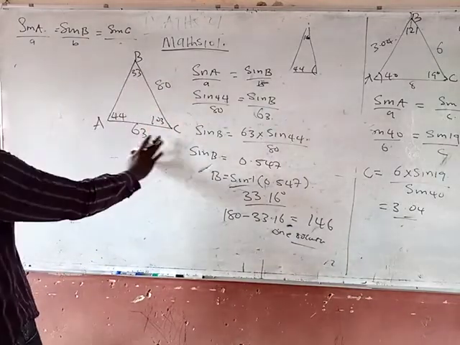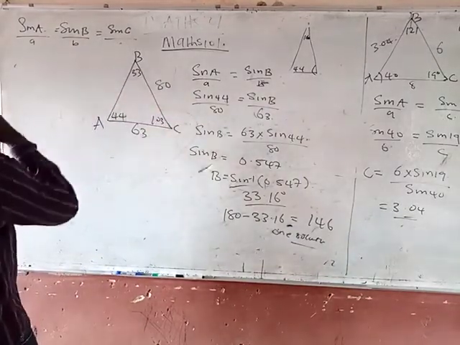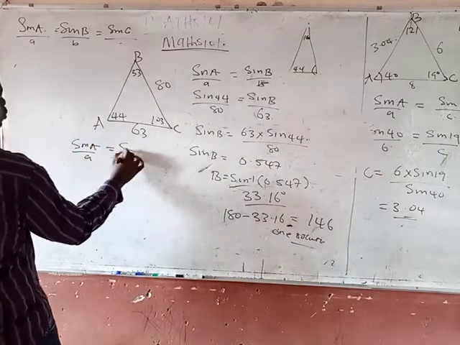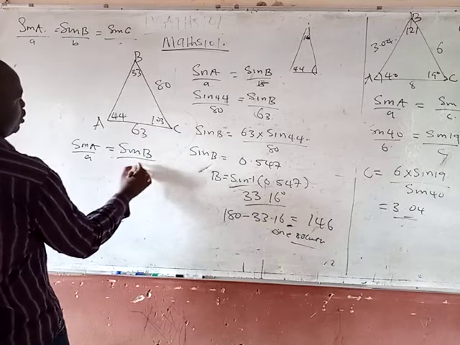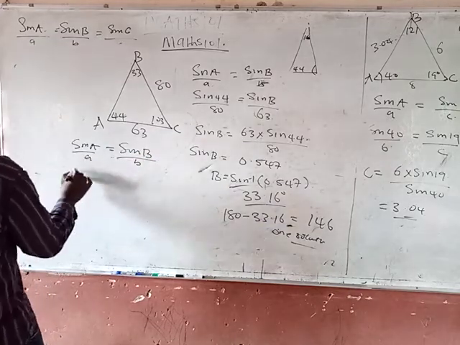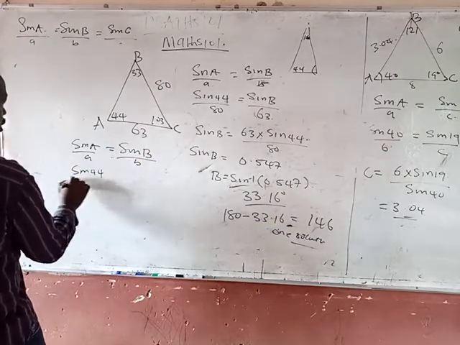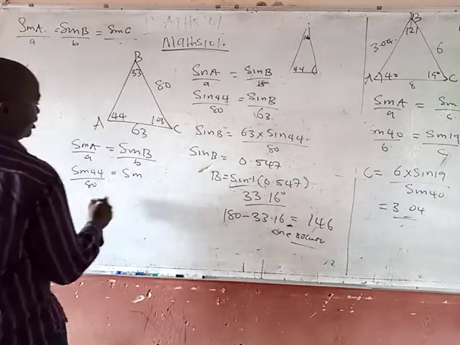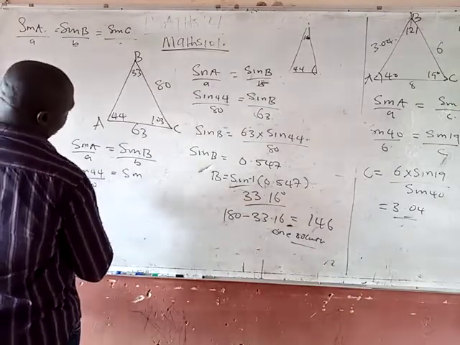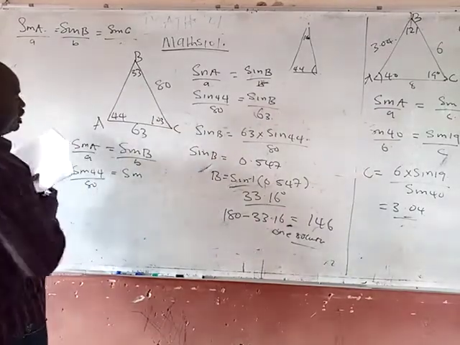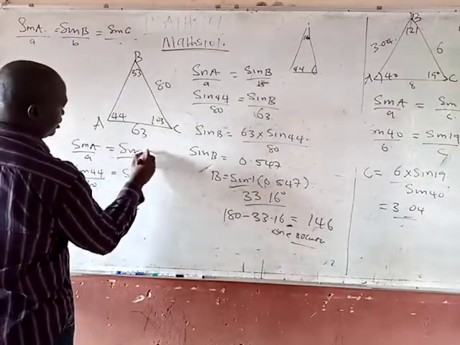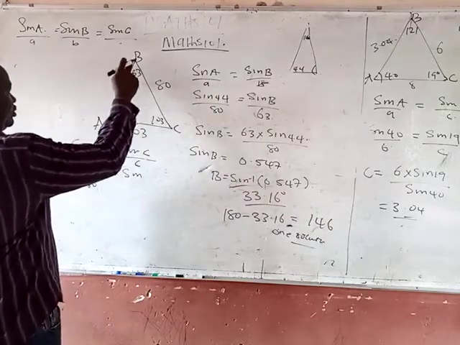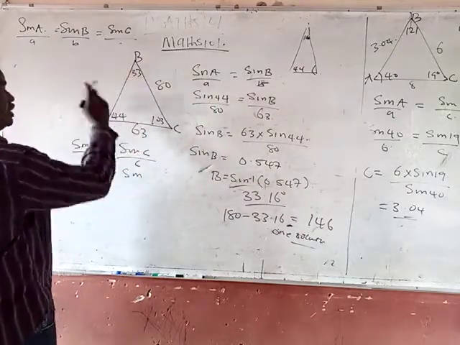So you have all this side. The only thing that remains is here. So this should be sine of A all over A, equal to sine of B all over small b. Now I need to find C, so it should be sine of C all over C. Because B only has an angle and a side, C I want to find.